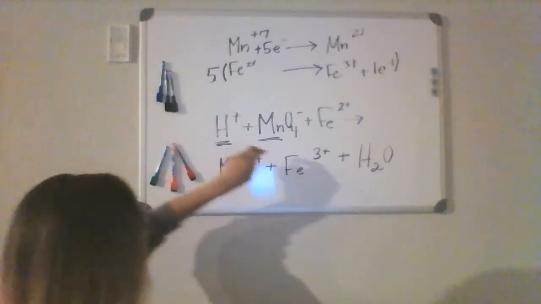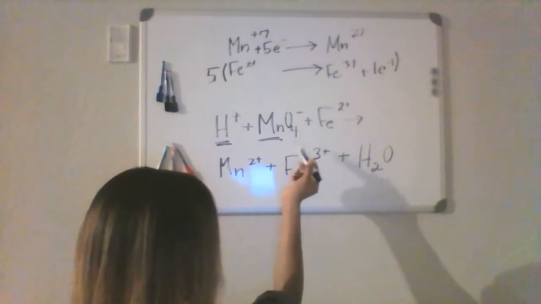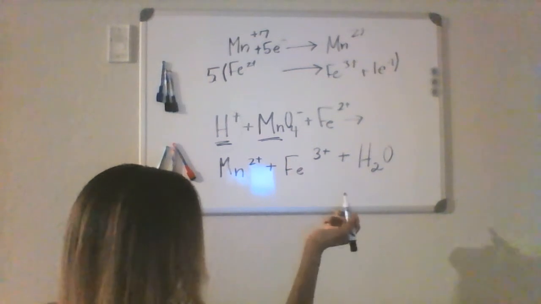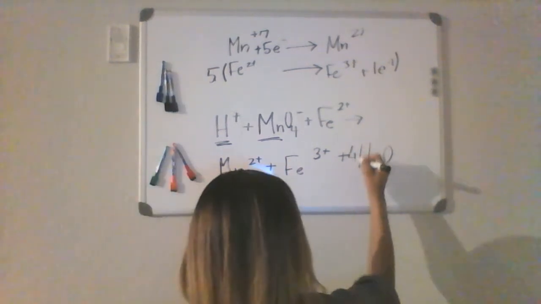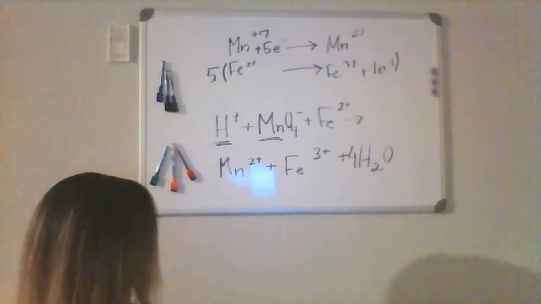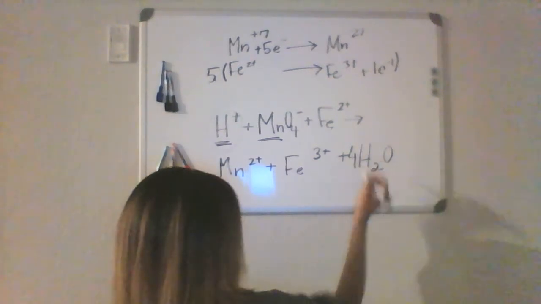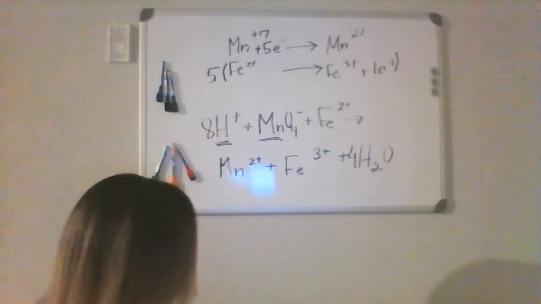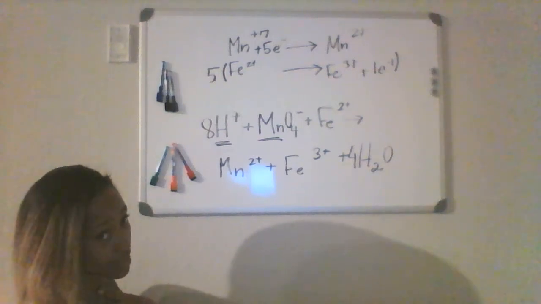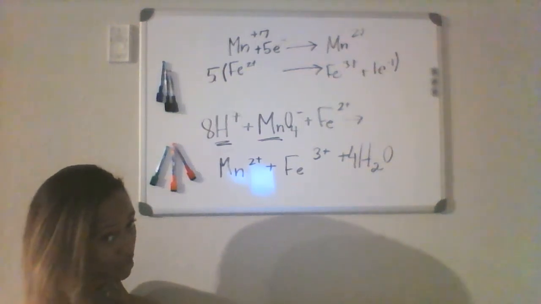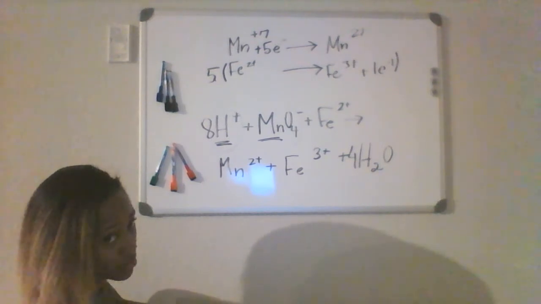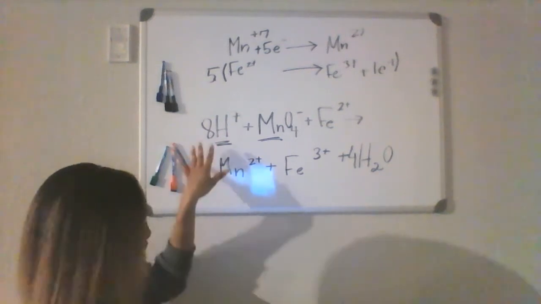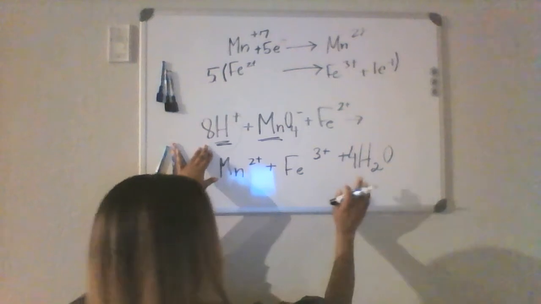So if I have 4 oxygens on the reactant side, I need to also have 4 over here. And if now I end up with 8 hydrogens, all I would do basically is add an 8 in front of the H+ in order to get a balanced equation with an equal number of hydrogens on this side and on that side.